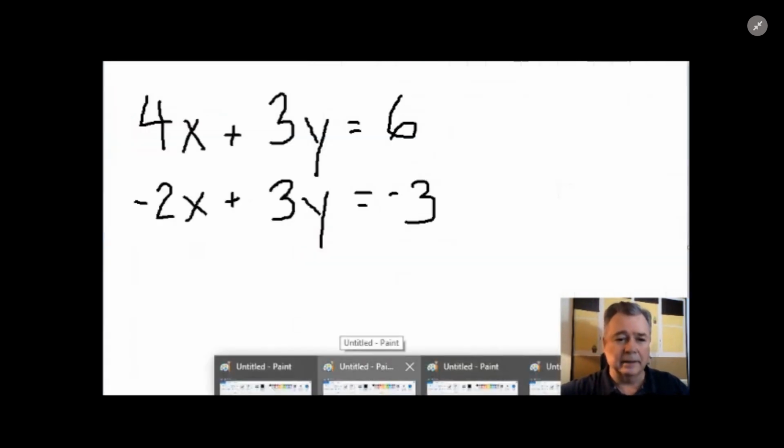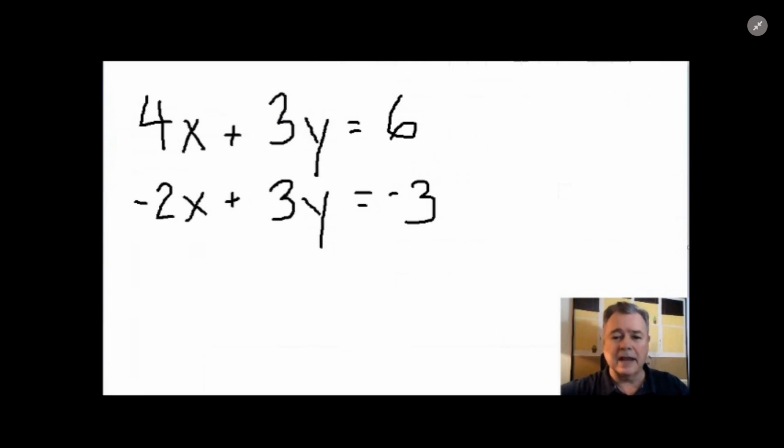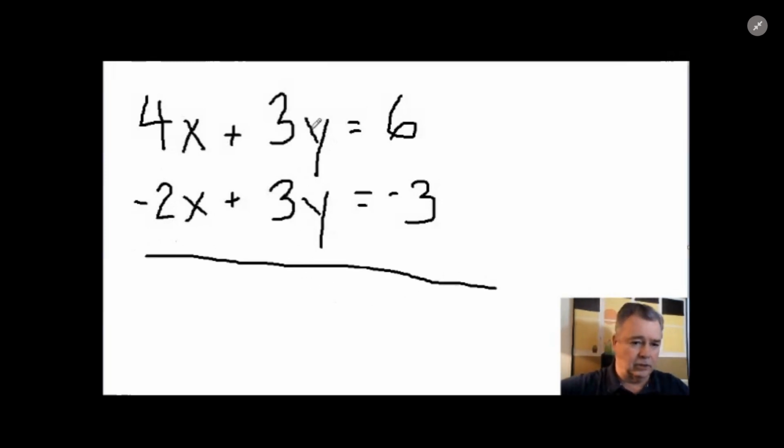And the standard form helps us because we can subtract. You see the two equations here. When we subtract 3y minus 3y, we get 0y, which equals 0.